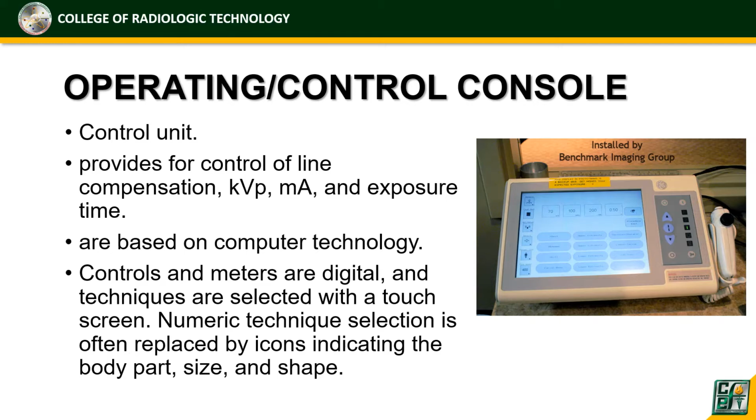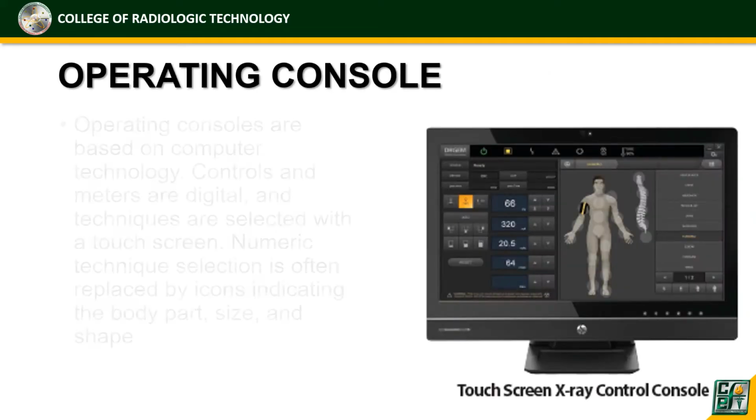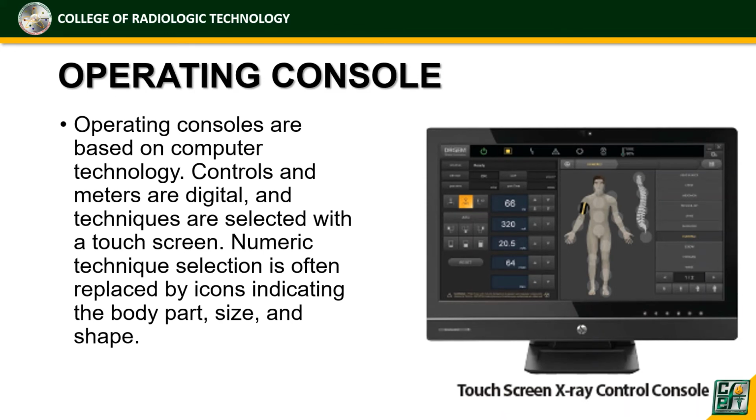Modern X-ray machines or X-ray imaging systems have controls and meters in digital, and the techniques are selected with a touch screen, as shown in the picture. So here is another representation or image of the control console.